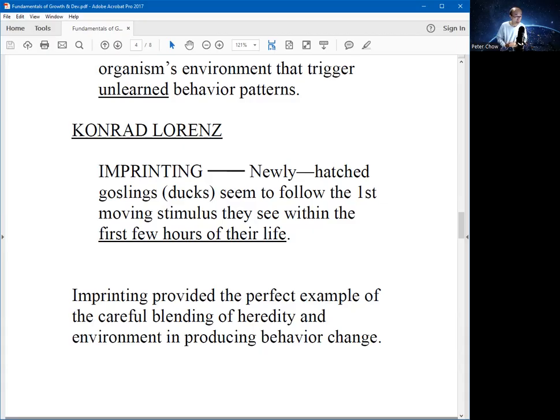See, this is called the critical period. We human beings could pick up languages within the age of 2 to 5 just like this, with no difficulty whatsoever. So this is heredity plus environment plus time: the critical period.